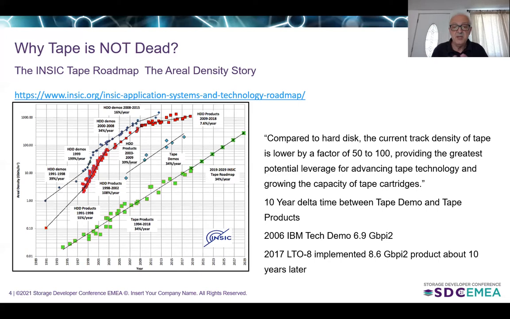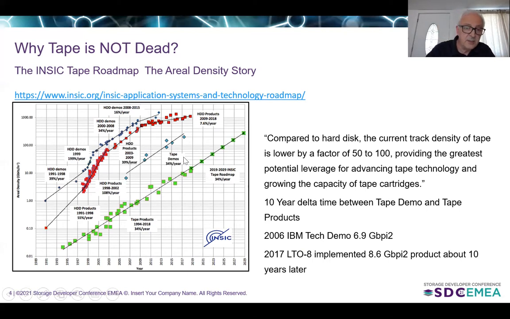When we look at the roadmap, we see the following picture here. Disk and tape are both magnetic storage. Disk enjoyed a tremendous growth rate in areal densities back in the late 90s, 108% per year. Then in the early 2000s, it slowed down to 39% per year. And recently, it's at a level of 7.6% per year.